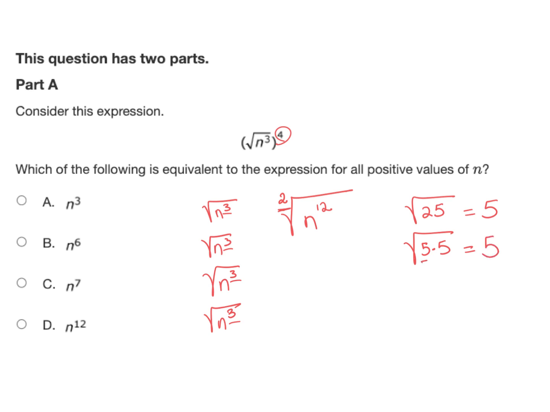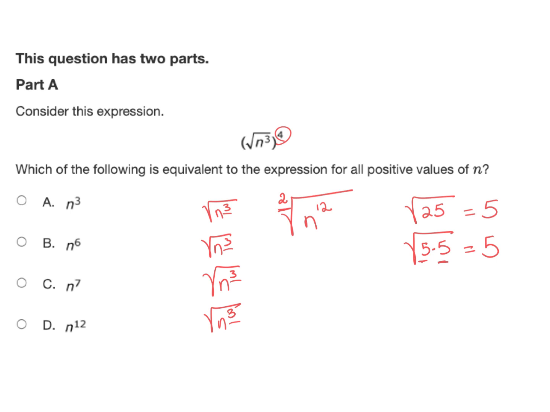Okay, so you notice any pair of the same number is equal to that number, 5, okay? Because the square root asks the question, what number times itself gives us 25, okay?